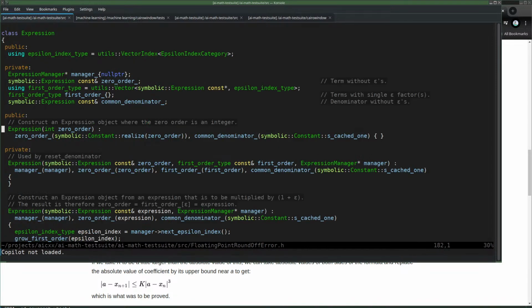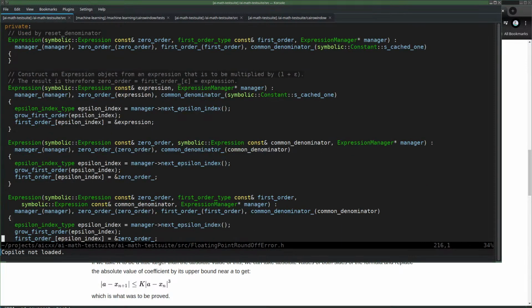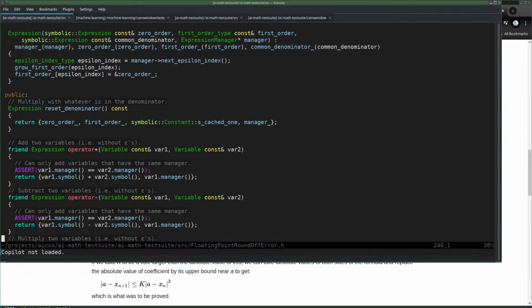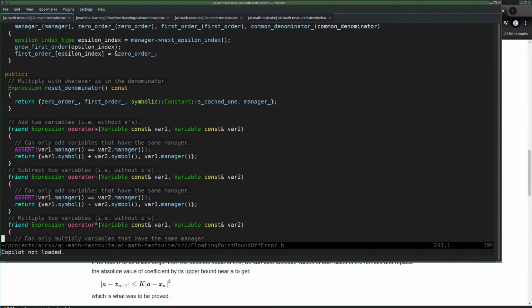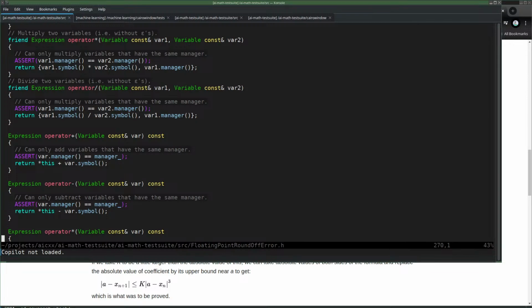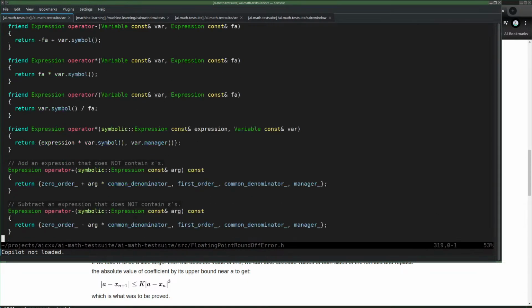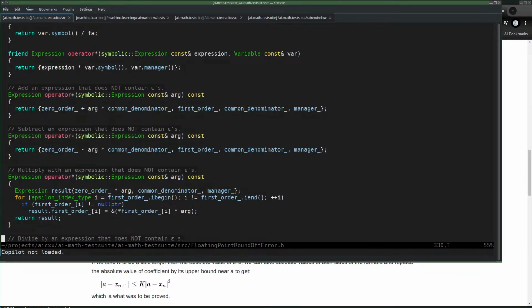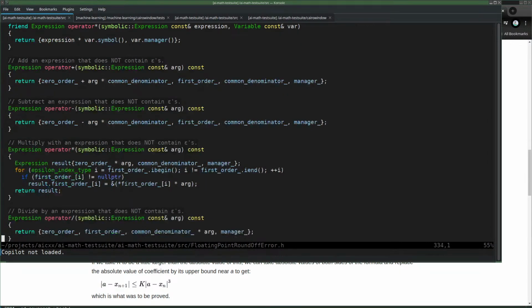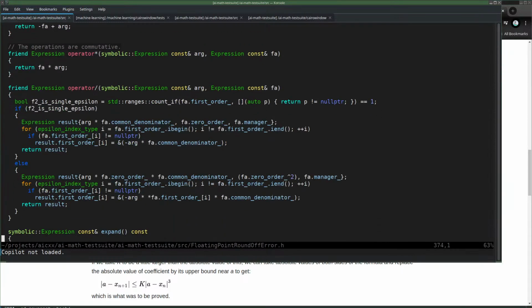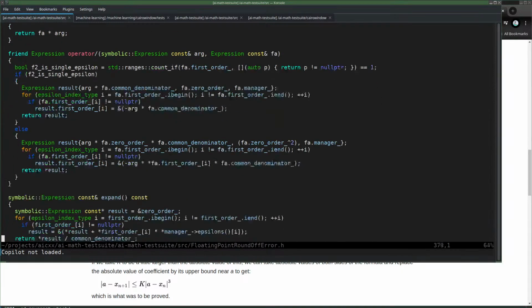I meant this one, floating point round-off error expression. Expand, that's what we need.